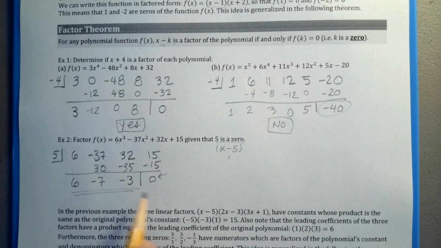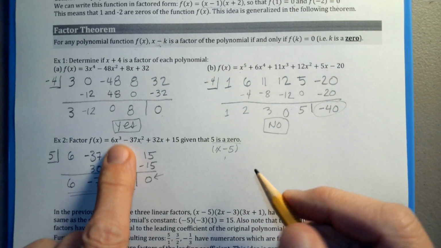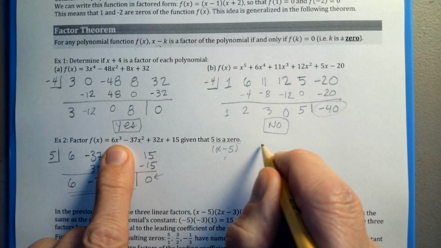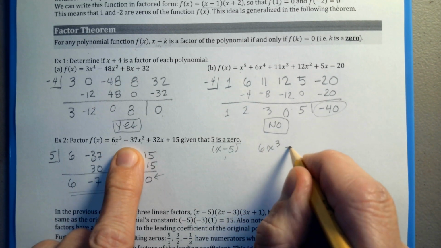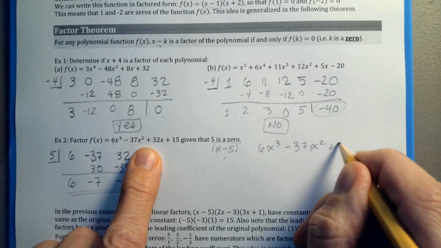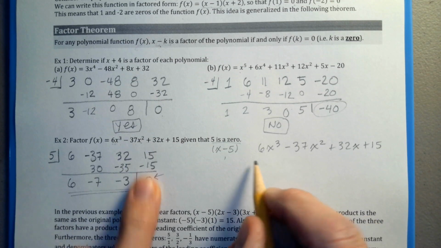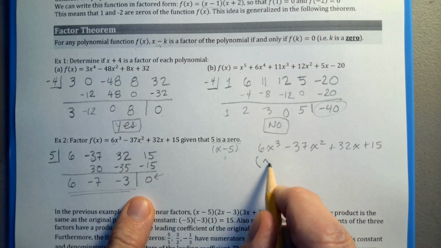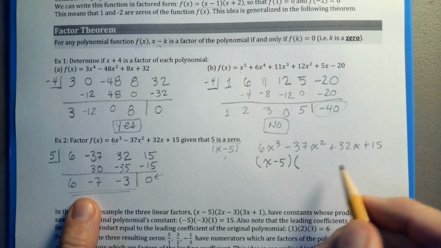However, this is really what we wanted, the depressed polynomial. So let's kind of rewrite what the original function was. The original function was 6x cubed minus 37x squared plus 32x plus 15. And now we have just factored that: x minus 5 times the depressed polynomial.